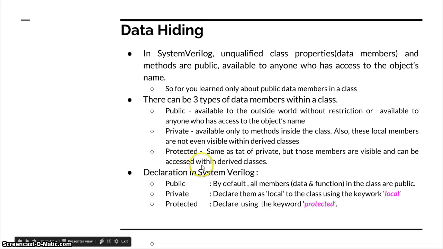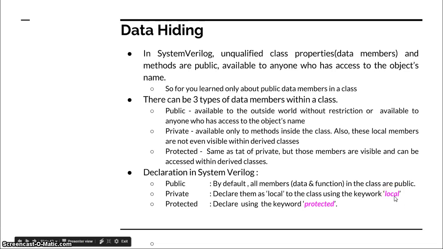Coming to SystemVerilog, you can see how we can make a variable public, private, or protected. To make a variable public, you don't need to do anything. By default, all the data members and member functions in the class are public. To make a variable private, declare those variables as local within the class definition using the keyword local.